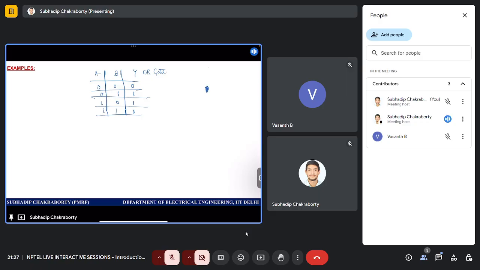Again, in the NOR gate, what I was doing, only when the terms are 0 and 0, that is both the terms are low, will I have high output.